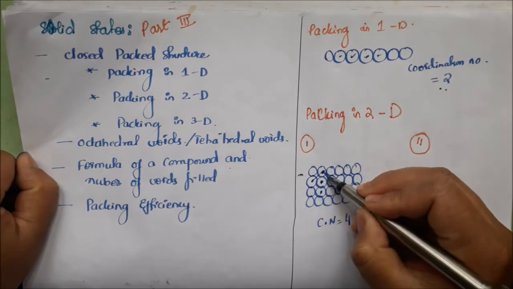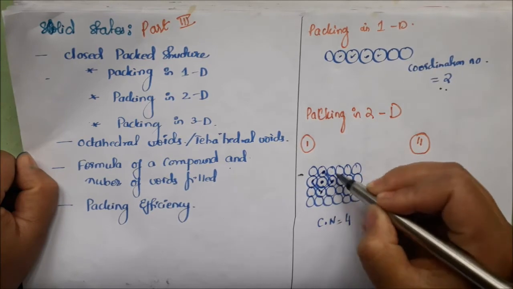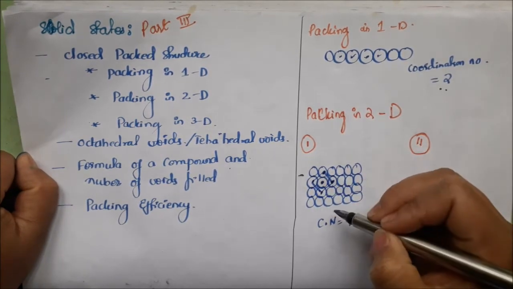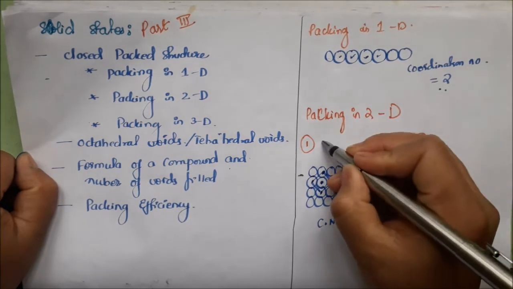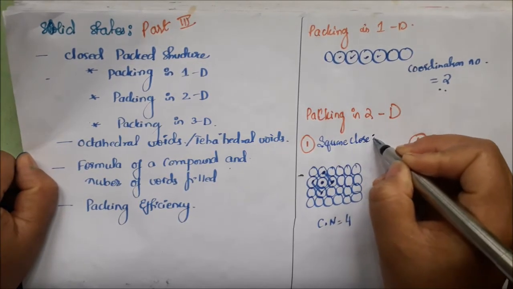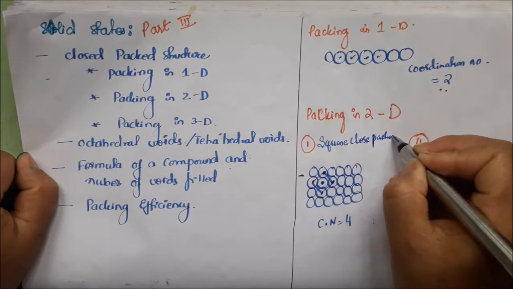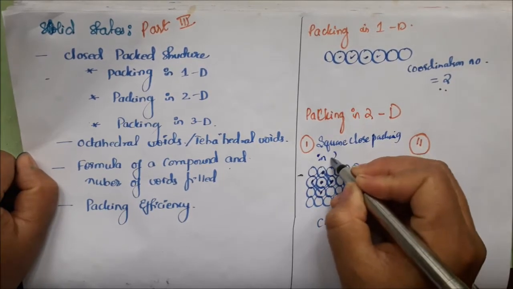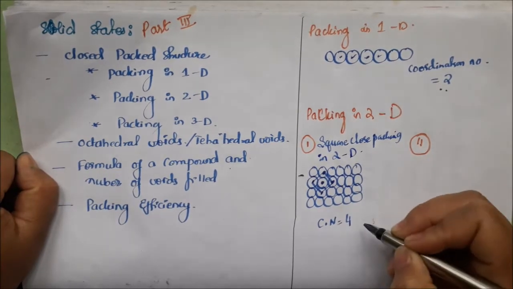When you join the centers of these, what do you get? A square. So this type of packing in 2D is called square close packing in two dimensions. The coordination number here is 4.